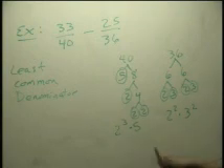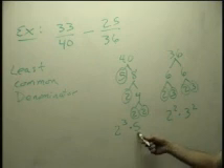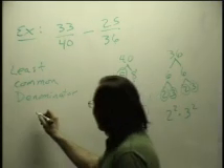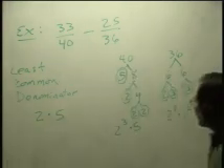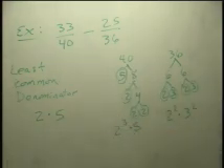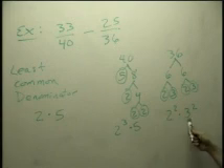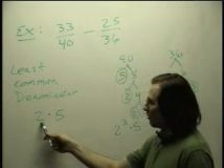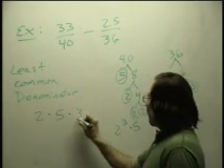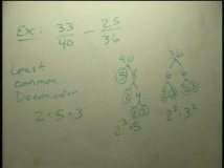Well, this one has 2's and a 5, so I know my least common denominator is going to need 2's and a 5. We'll talk about how many in a second. This one has 2's and 3's, so my least common denominator is going to have 2's and 3's. Well, I already have 2's, so I'll need 3's. So I need 2's, 5's, and 3's.